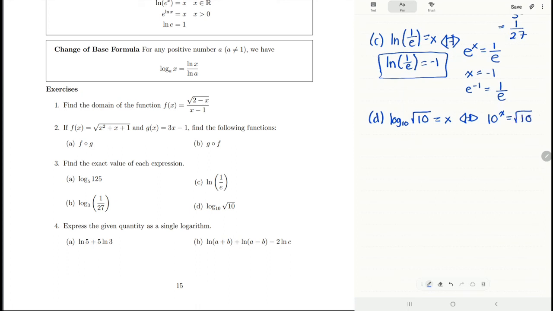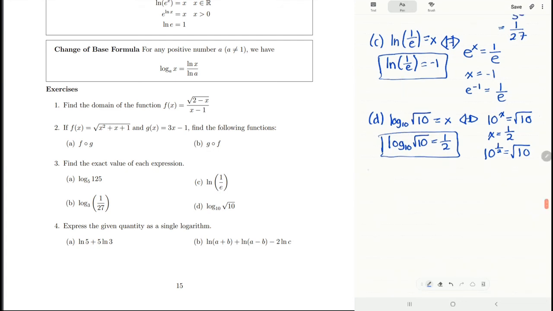So what power on base 10 gives me the square root of 10? Well, if x is equal to 1/2, then 10 to the power of 1/2 is the same as the square root of 10. So this tells us that the log base 10 of the square root of 10 is equal to 1/2.